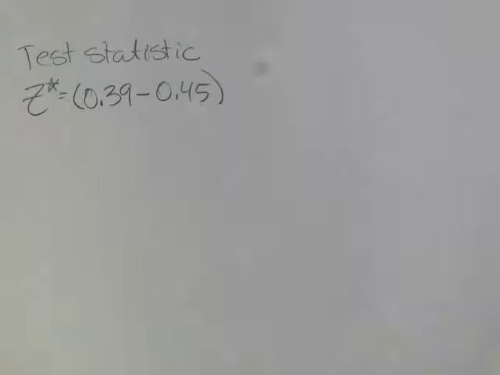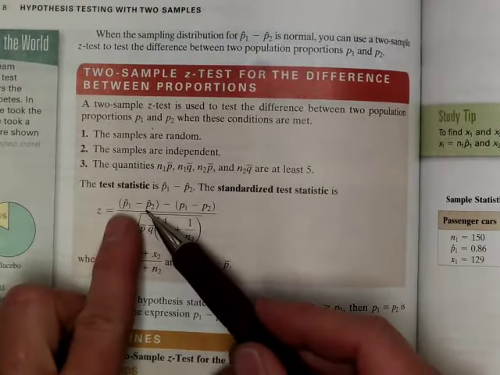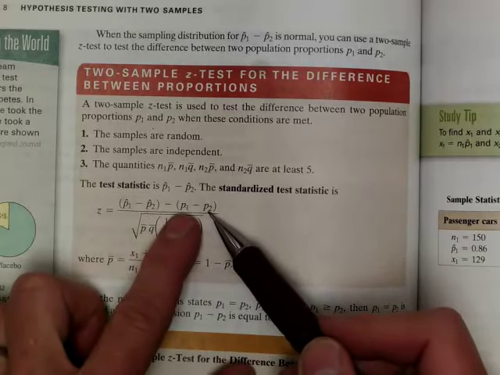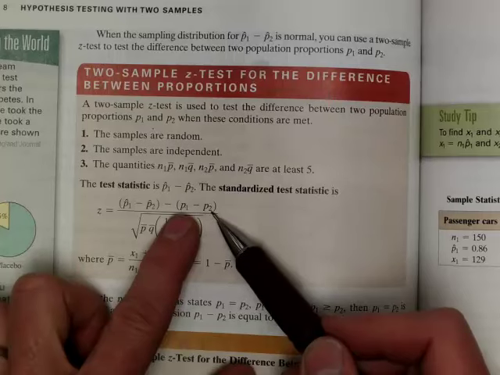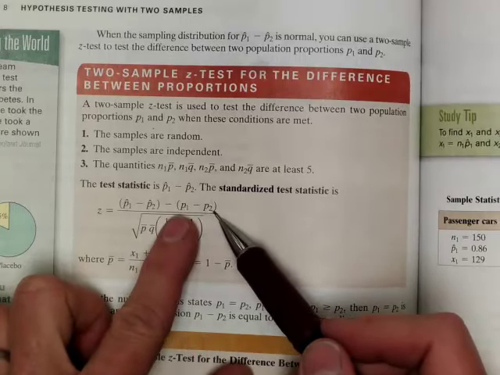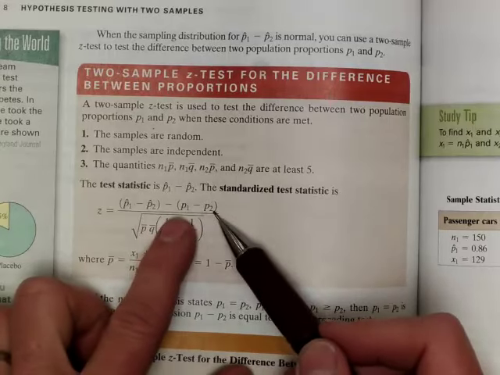Now let's take a quick look at the other part of the numerator. We just put in this part, p hat sub 1 minus p hat sub 2. But let's talk about this one. We are subtracting the claimed difference between the two. Now for us, in an Intro to Stats class, this is always going to be 0.